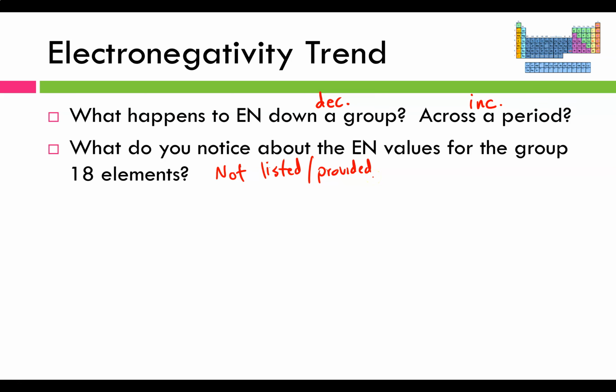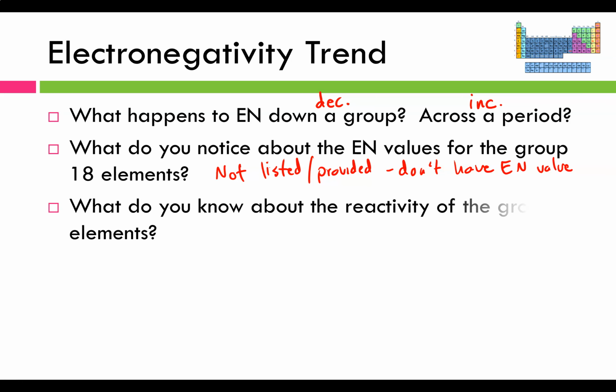And everything else is, so I don't think this is just missing information. So maybe they don't have an EN value. It's a clue into what electronegativity is actually a measure of.